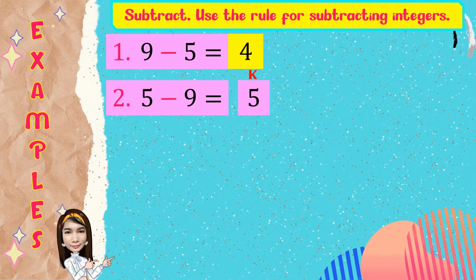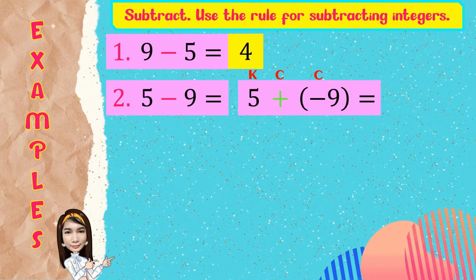We keep 5, then change the operation minus into plus, then change the sign of the subtrahend to its additive inverse. So the opposite of positive 9 is negative 9. Next, proceed to addition. So here we have the unlike or different sign, so we subtract and copy the sign of the bigger or greater absolute value. And negative 9 is greater than positive 5, so we get negative 4.